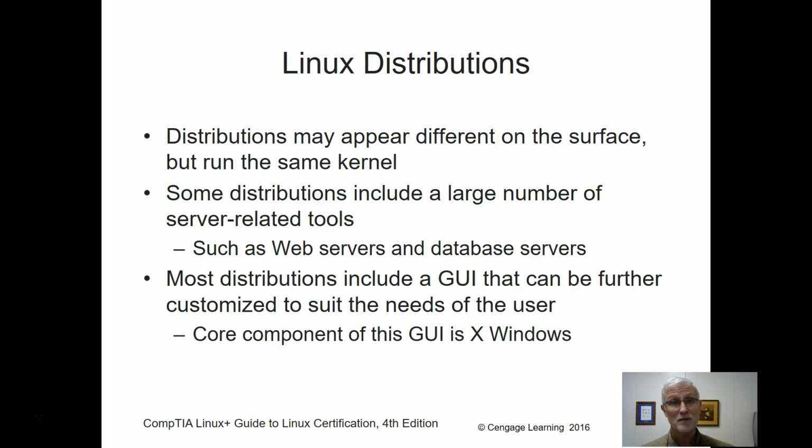Now, of course, distributions do appear different on the surface, but they all run the same kernel. Some distributions include a large number of server-related tools, such as web servers and database servers, but most of it can be customized to suit whatever you want it to do.